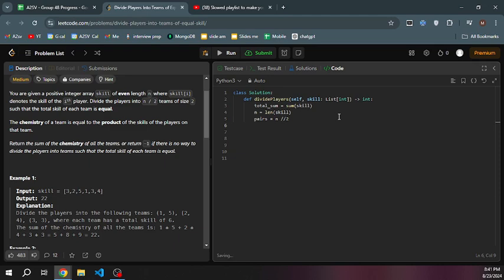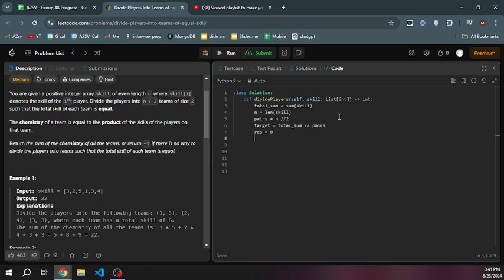After that, we are going to find our target. Target is going to be the total sum divided by pairs. That's how we are going to do it. After that, our result, or our chemistry, is going to be stored in a variable. Let's call it result.